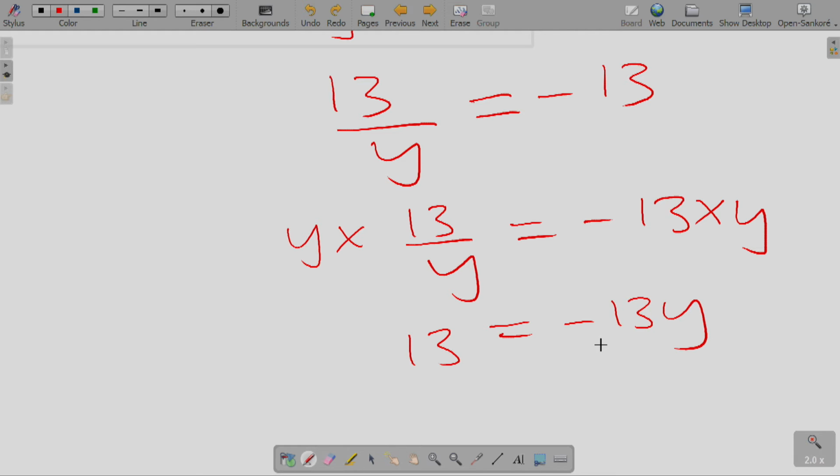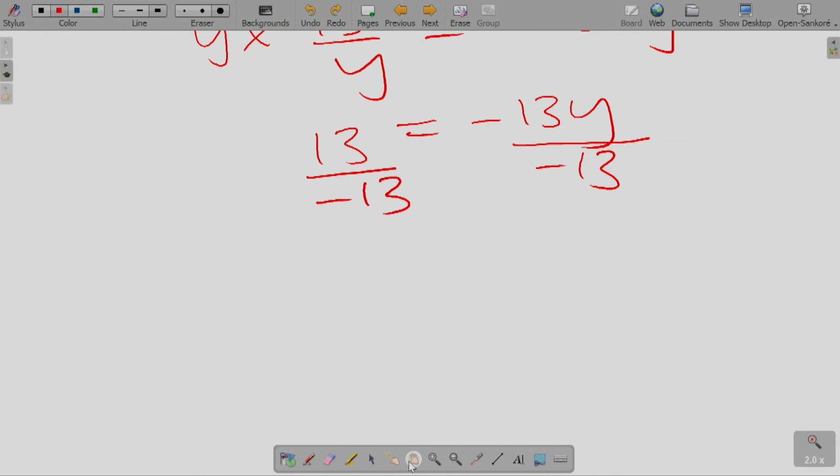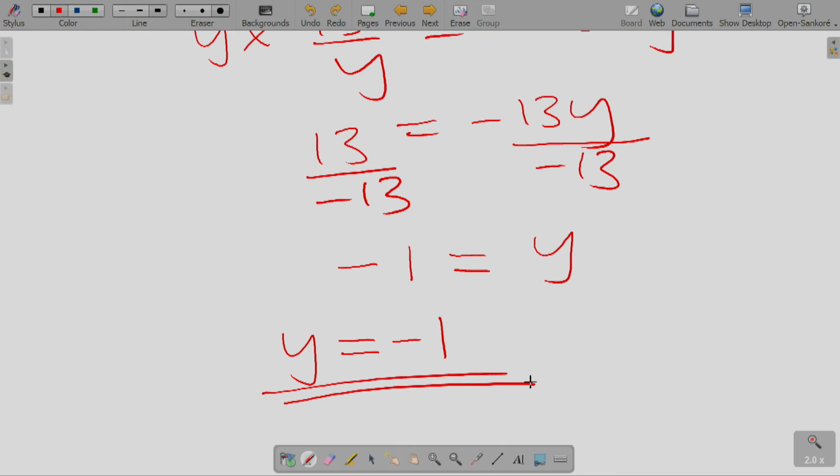So let's divide both sides by negative 13. So we'll get 13 divided by negative 13, which is negative 1, equal to y. So we got y equal to -1. So the answer for y is equal to -1.